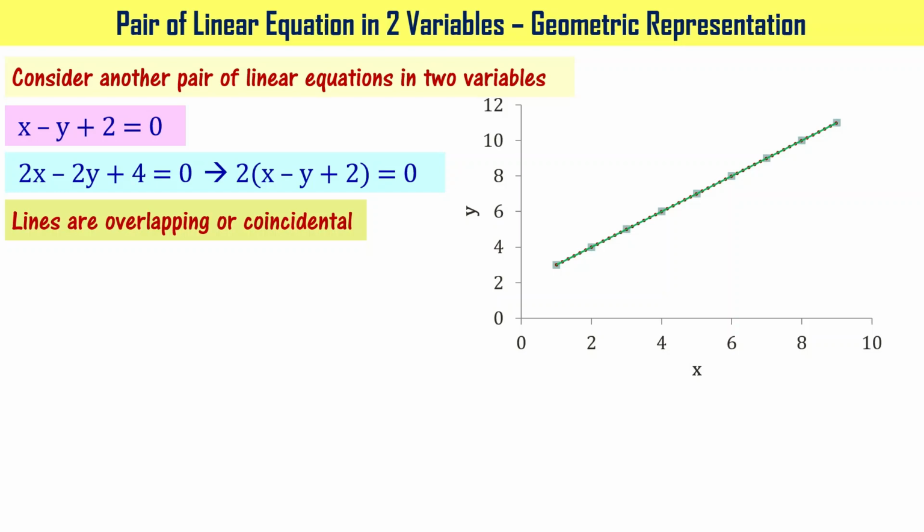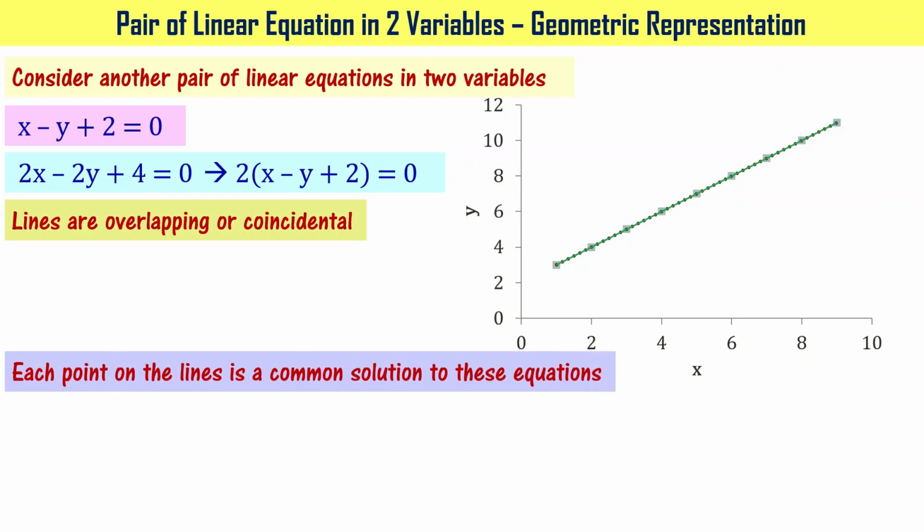When you rearrange the second equation, you can write it as 2 times (x minus y plus 2) equal to 0, right? The part in the bracket is exactly identical to the first equation, right? It means both the equations are the same. That's why these two lines are overlapping.